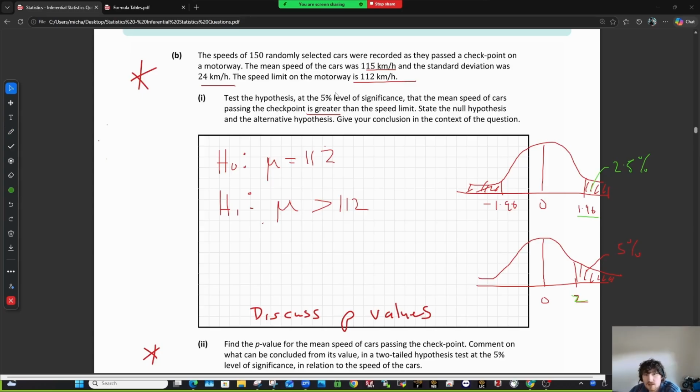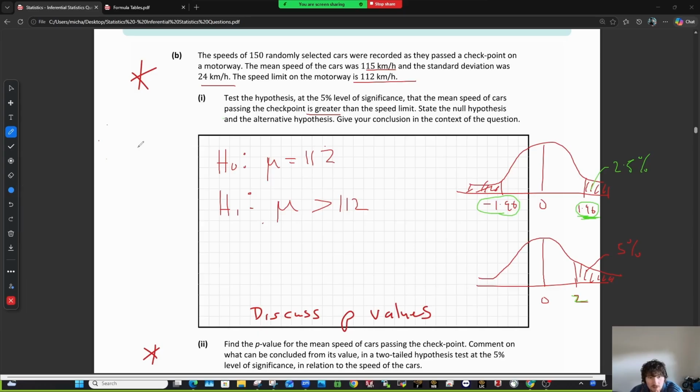So I'm just going to read this again just to be doubly sure that's what they want, because I don't remember there being too many questions on the Leaving Cert higher level where they want us to be doing these one-sided tests. So one second. Yeah, no, it does want one of these. So, as I said, it's a very unusual question. We'll be working out a z-score and we won't actually be comparing it to our usual rejection values, 1.96 and minus 1.96, because as I said, this is a one-tailed test. We just don't want to be greater than the value, you know. So let's check this out anyways.